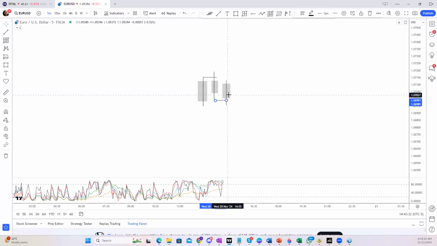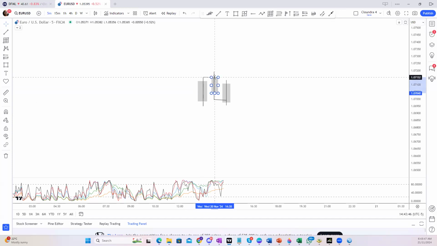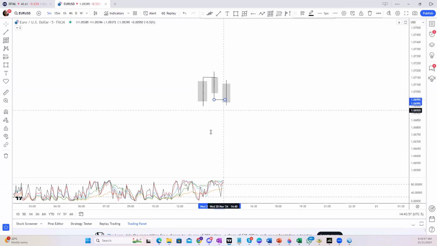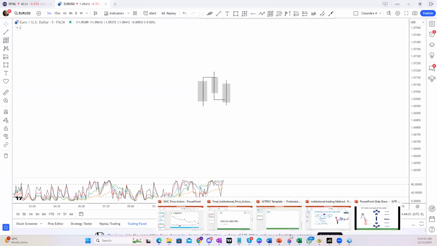If the institutions really want to protect their area, then they will bring down the prices below here and close below this swing point, right? So this is my ideal situation for a swing point. Whenever I see it like this, where the body is closing above the previous candle's high, I'm always cautious using that particular pattern, and I wait for another opportunity. Okay. And if I can show something in my presentation, I think I have it here.